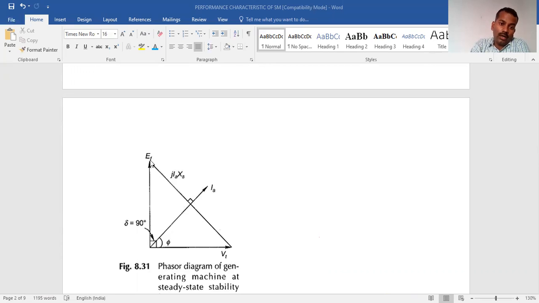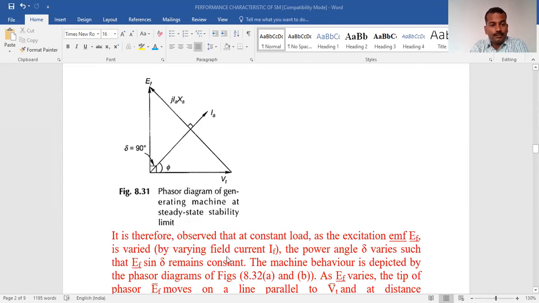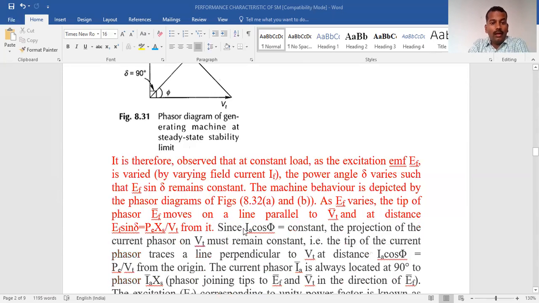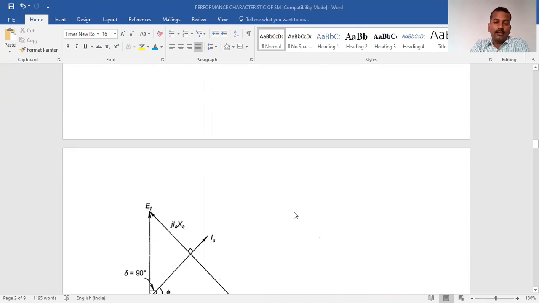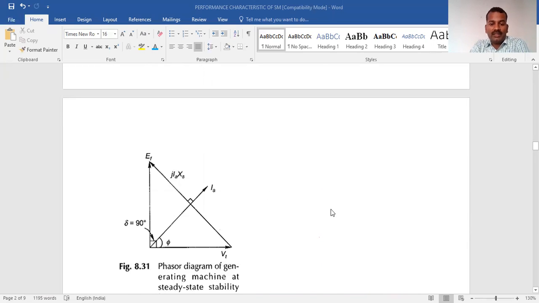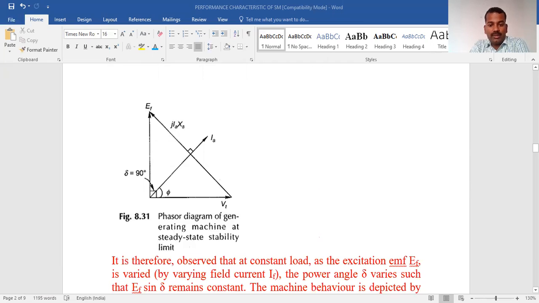It will be perpendicular to the jXIA axis. The jXIA axis will be simply perpendicular to the armature current, and this is the terminal voltage VT, right? You can understand this variation from the animated GIF video.